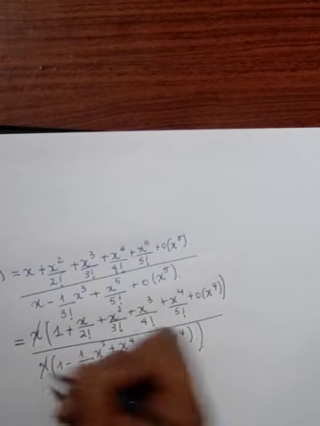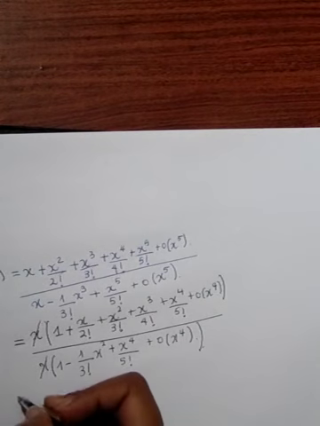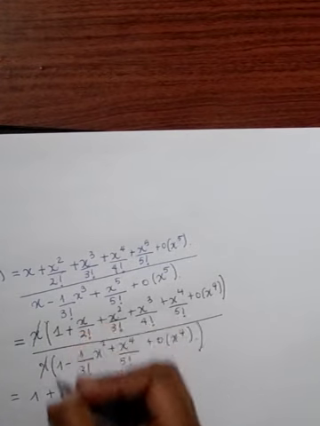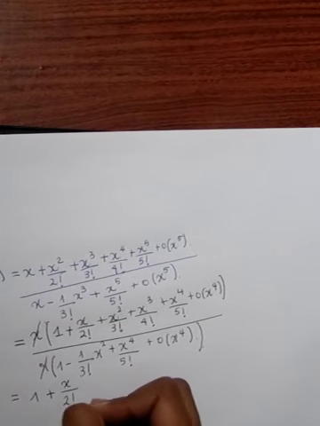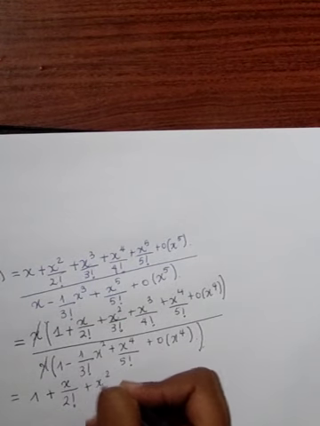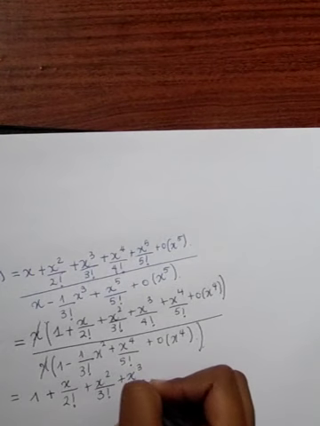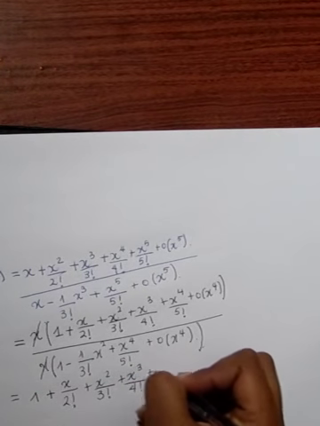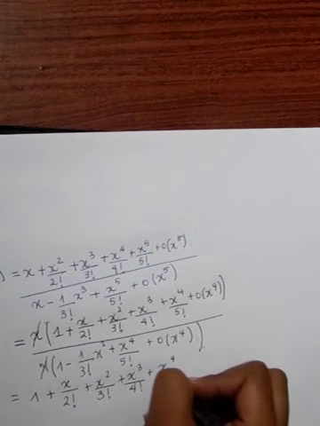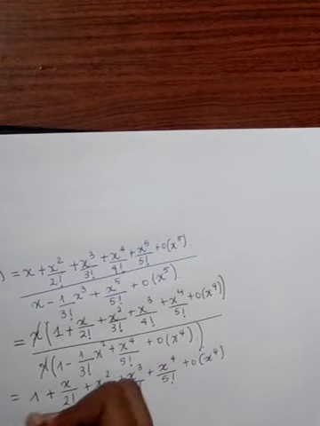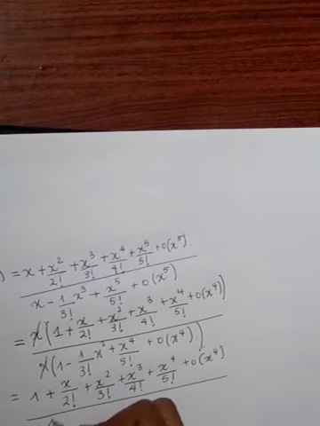So this would cancel this, and so we are left with 1 plus, rewriting this expression, x over 2 factorial plus x squared over 3 factorial plus x raised to the power of 3 over 4 factorial plus x raised to the power of 4 over 5 factorial, and we divide it by our denominator.